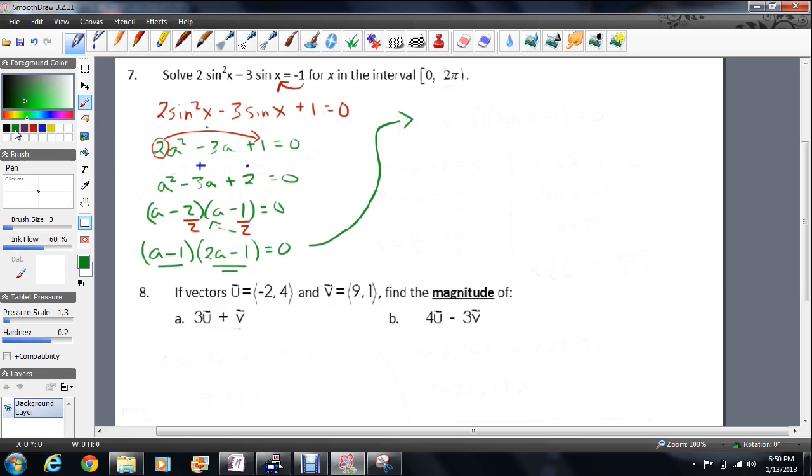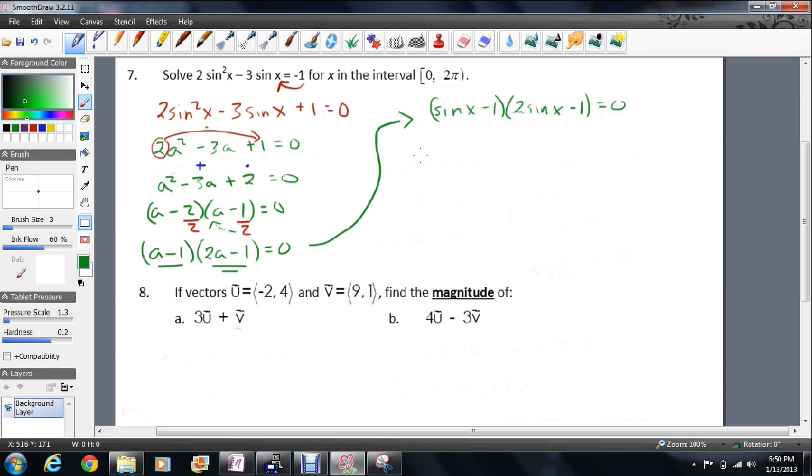Before I do any of the solving though, I'm going to replace the a with the sine that we had at the very beginning to make it look a little less complicated. So I'm going to write sine of x minus 1 times 2 sine of x minus 1 equals 0.